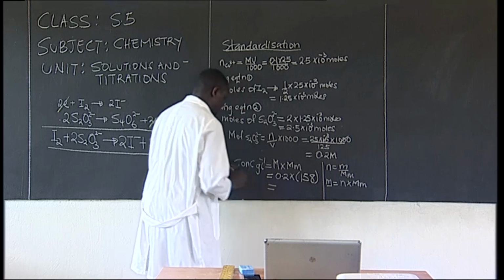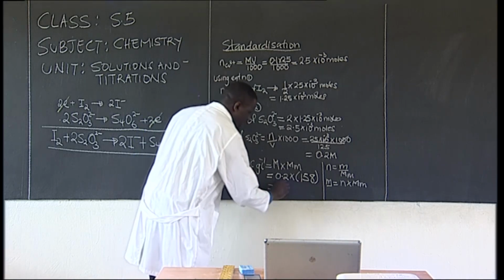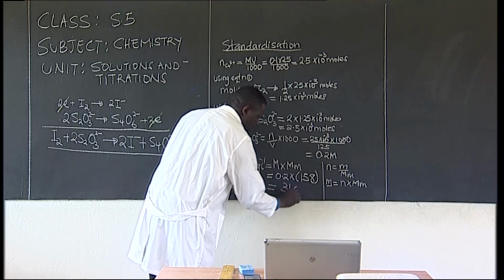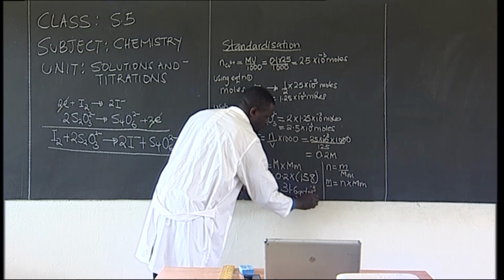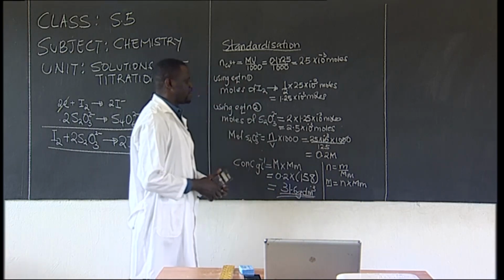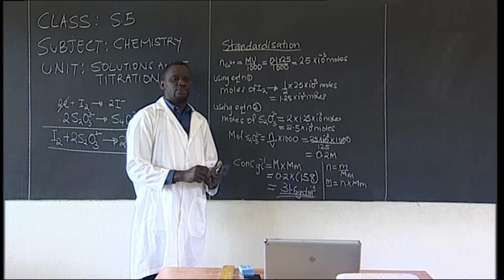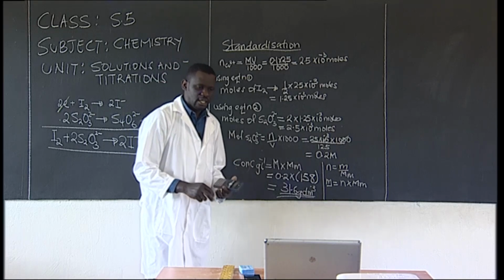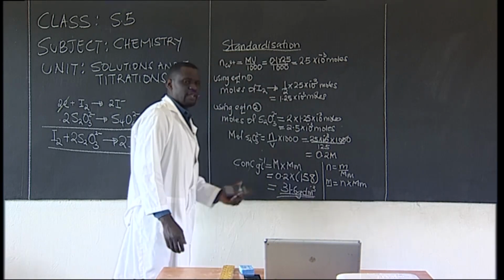We multiply by 0.2 and we shall have our value: 31.6 grams per decimeter cubed of sodium thiosulfate. After standardizing your sodium thiosulfate, you can use it for another calculation. So that is our answer.